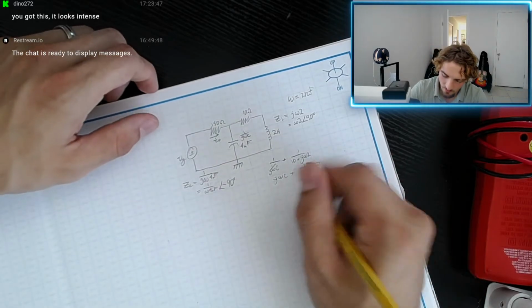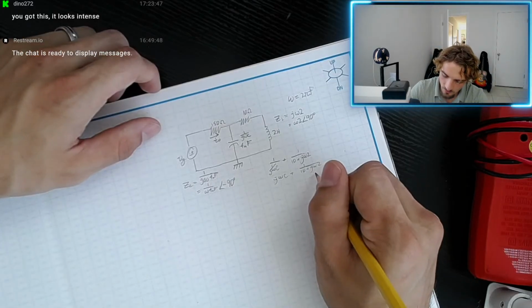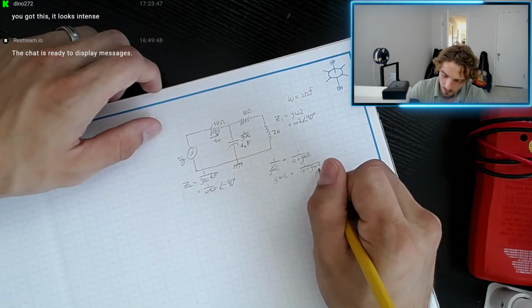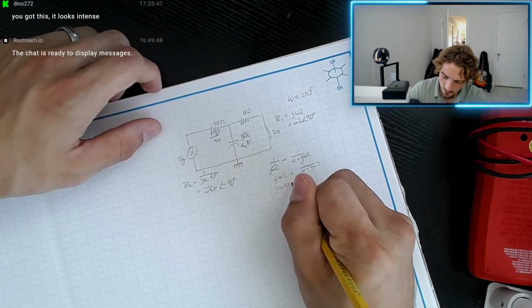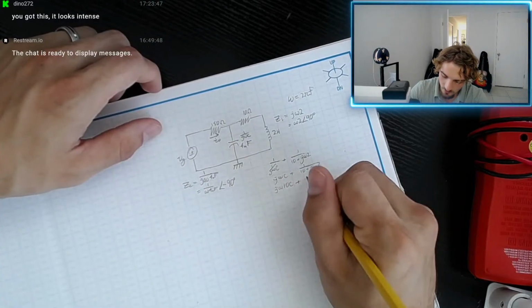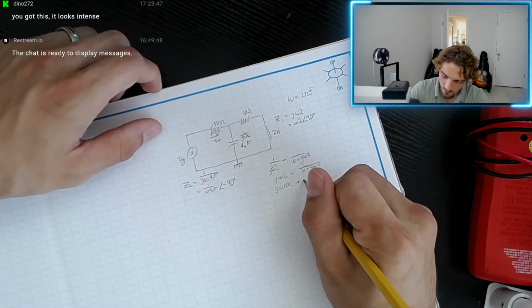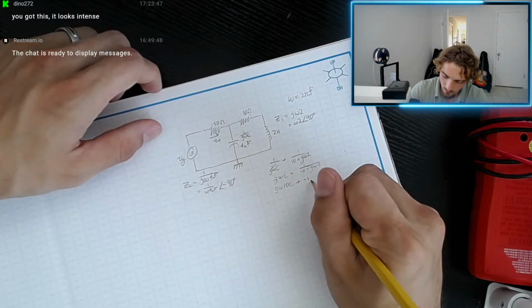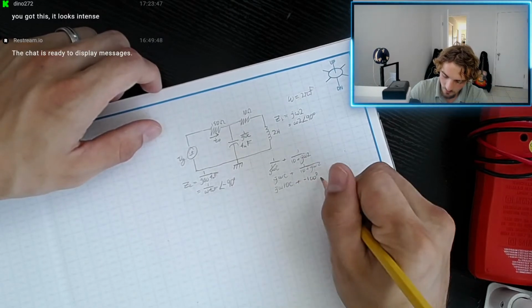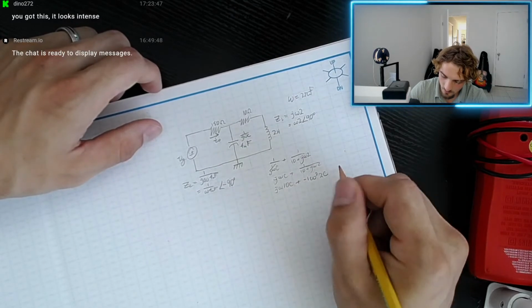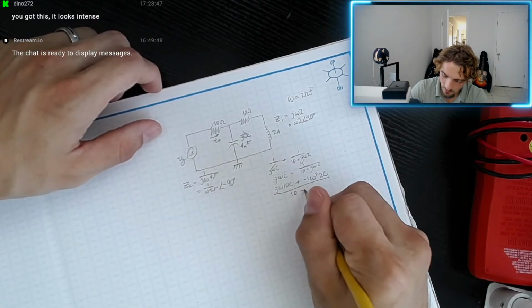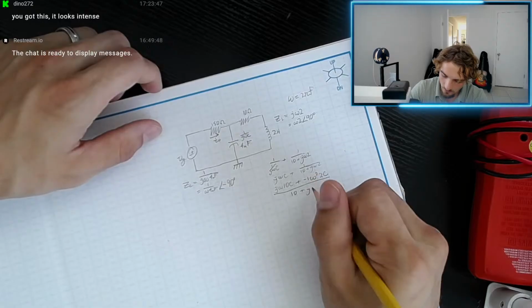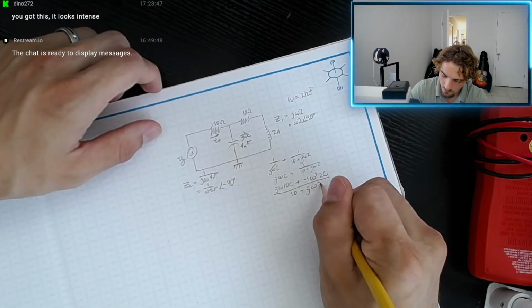So what happens if I multiply this? Okay, so 10 j omega 2, so j omega 10c plus negative 1 omega squared 2c divided by 10 plus j omega 2.